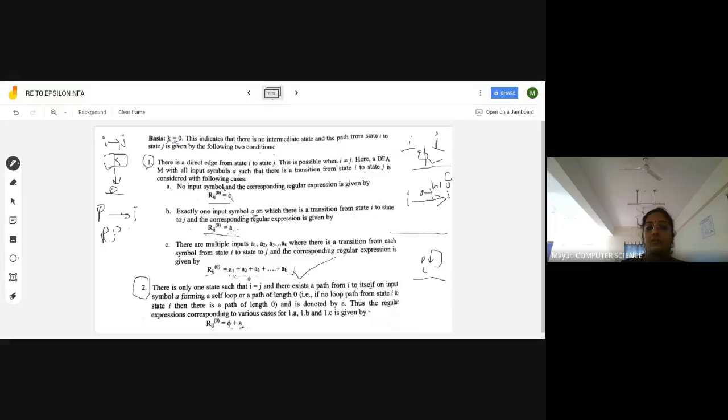Now, how do you write it if you have a self loop? I'm traveling, but I'm traveling to the same city again. Then what you have to do is include an epsilon with the input which you are consuming. So the first case is epsilon plus phi.